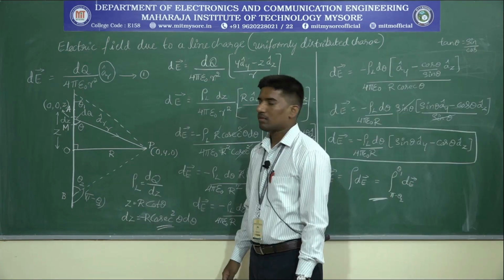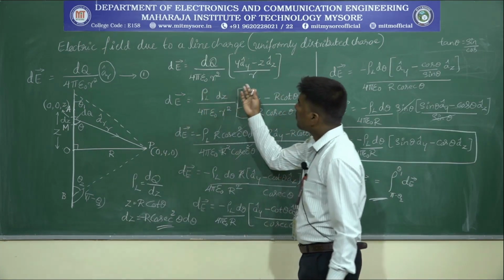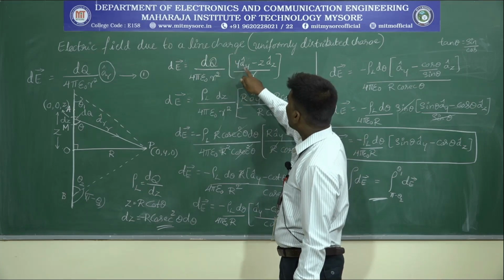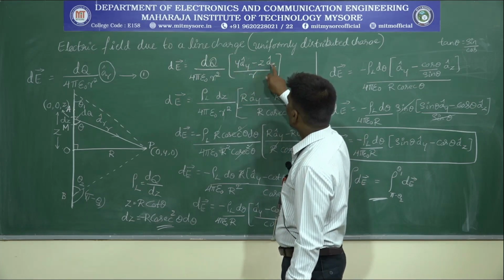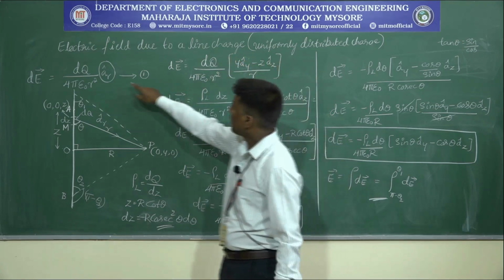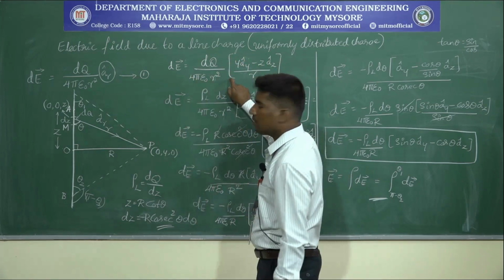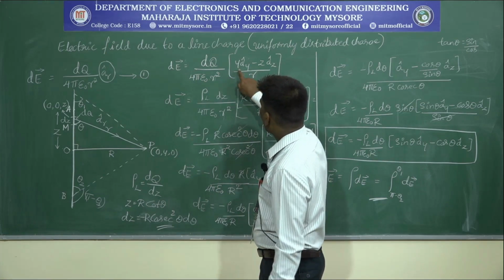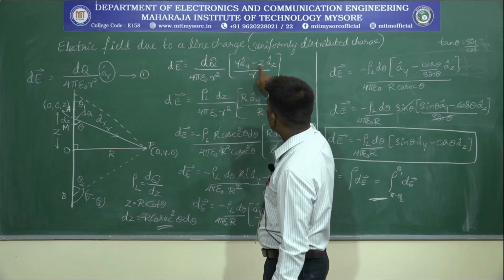Continuing with this, we have got the equation for the unit vector as y into a cap y minus z into a cap z divided by r. Substituting the unit vector in equation 1 gives rise to this new equation. So now also we have got the equation for y, z and r.